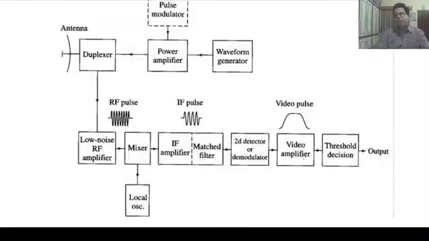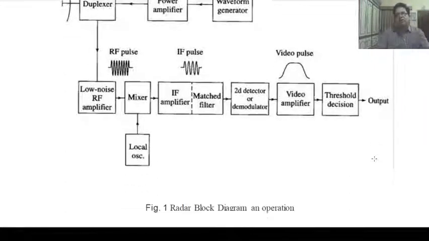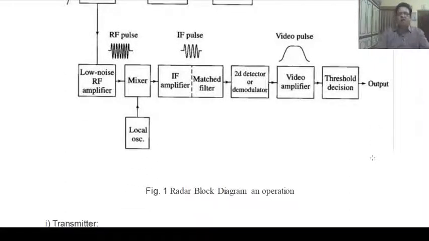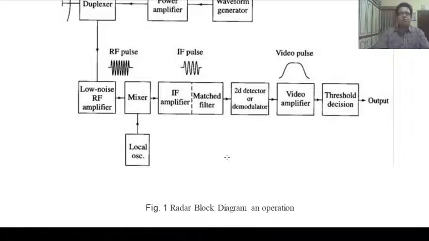After that, the video amplifier gives video pulses, that means video signals, then threshold decision, and then the output, which can be seen as displays. So an overall view is explained here initially, of how you can think about this.